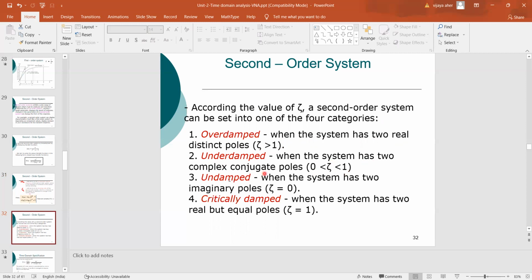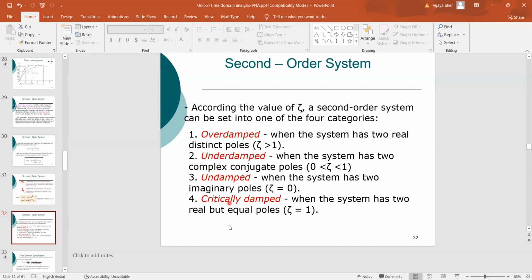The system has two complex conjugate poles in this case. Third category, undamped. At that time, zeta is equal to 0, and the system has two imaginary poles. Last category, zeta is equal to 1. We are calling that a critically damped system. At that time, the system has two real but equal poles.